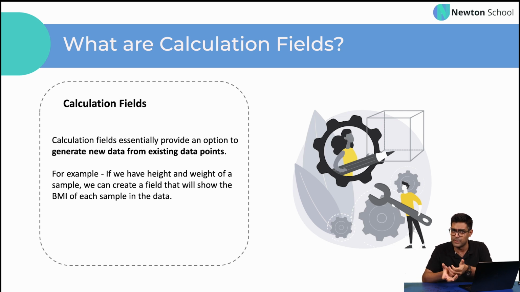So it is a derived variable. In Tableau, it's called a calculation field. You pull up, you create a calculation field, you write the formula, and boom, it's created, right? There's an example given here. If you have a height and weight of a sample, you can create a field with which you can calculate a BMI. BMI has two inputs, height and weight. So that way you can use Tableau to create a calculated field.